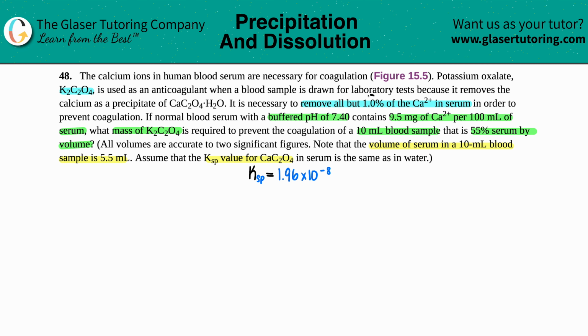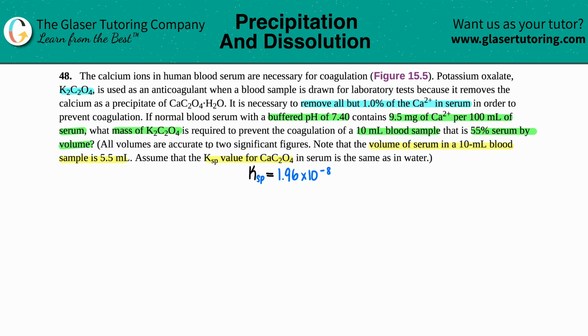They tell me 1% of calcium, so that's information for calcium, 9.5 milligrams of calcium, so that's more information about calcium. They give me 10 mL blood sample, 55% serum, but I don't see any values that have to do with the oxalate for right now. So since I have information about the calcium, I'm going to try to mold it into what I need.